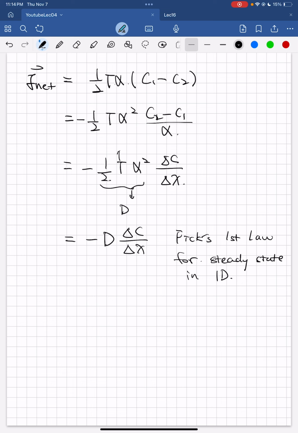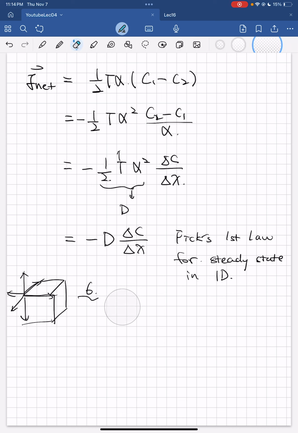All right. Now, of course, in 3D, you have 6, we call it degrees of freedom. So the directions that you can move are 6 ways. So instead of 2, you should divide by 6. So D will equal to gamma alpha squared over 6.